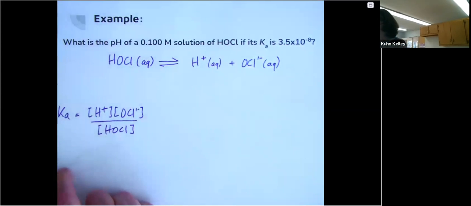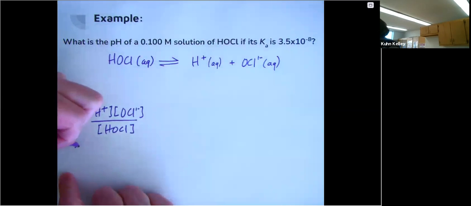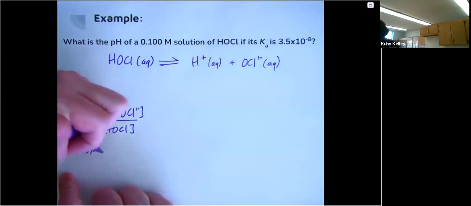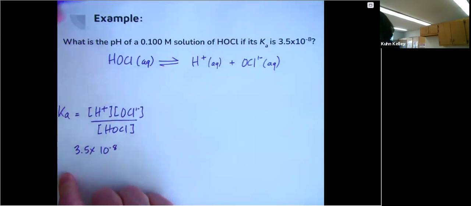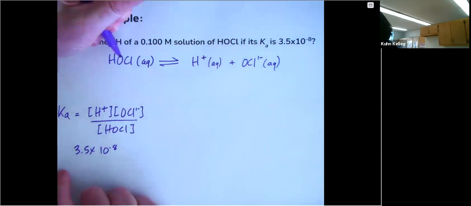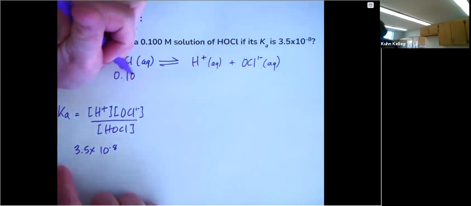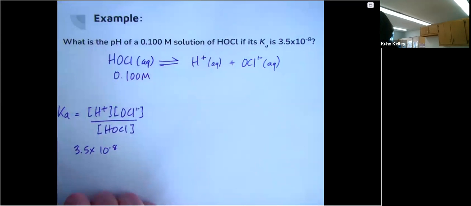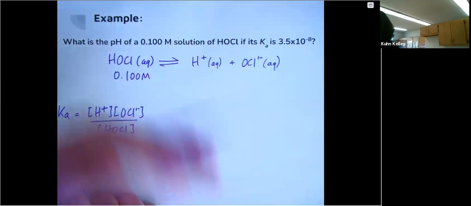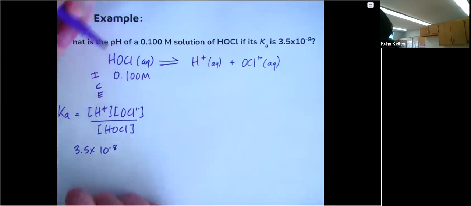Now I know that my Ka is 3.5 times 10 to the negative 8th. And I also know that my concentration initially of my hypochlorous acid is 0.1 molar.